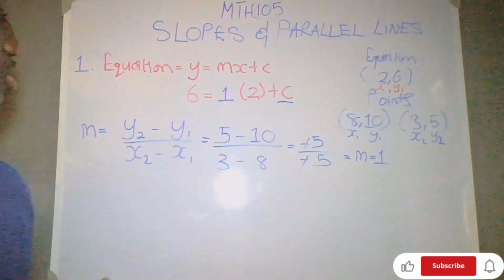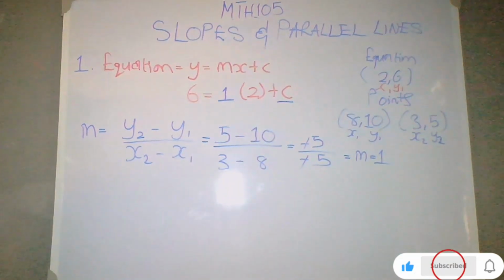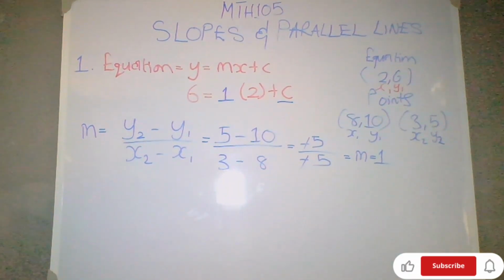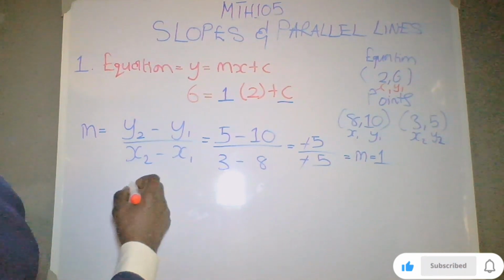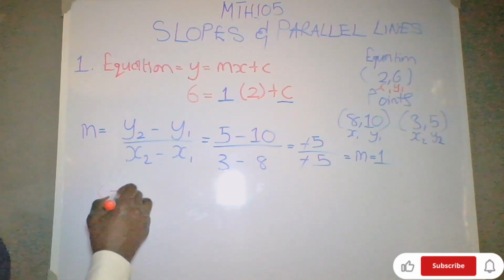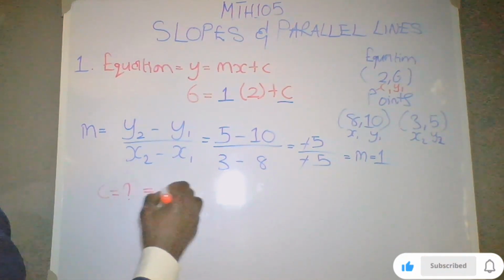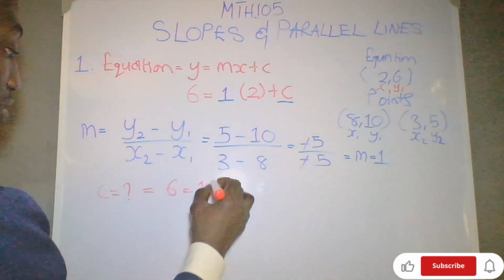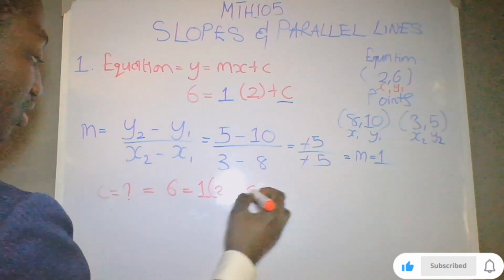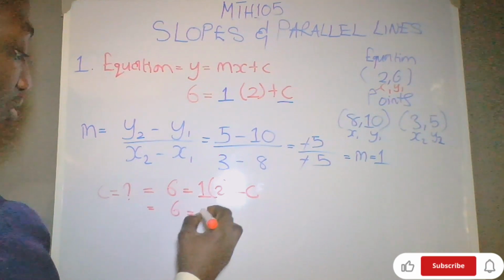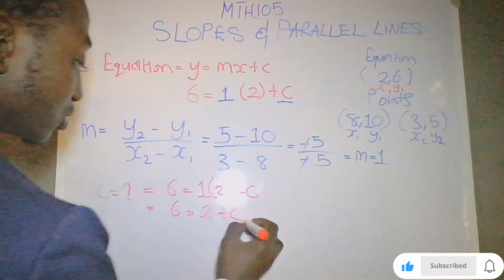So we have 1 here. To get our c, the unknown, we say 6 equals 1 times bracket 2 plus c, which is 6 equals 2 plus c.